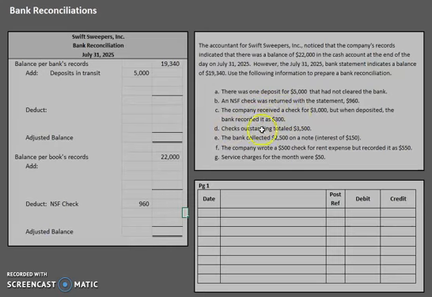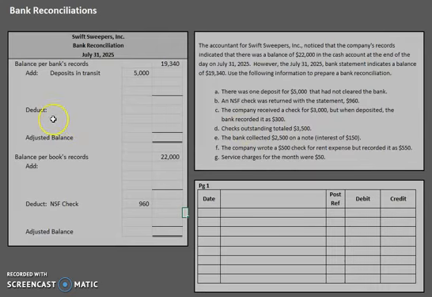So D says checks outstanding totaled $3,500. So let's go ahead and talk about what checks outstanding are. When we write a check, we obviously know that we have written this check, this payment, so we've updated our records. However, until that person you provided the check to actually cashes or deposits the check, the bank does not know about it.